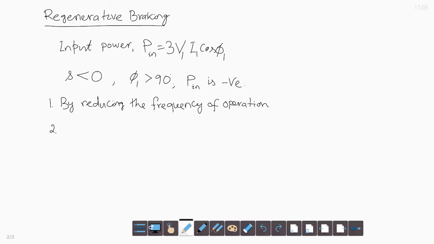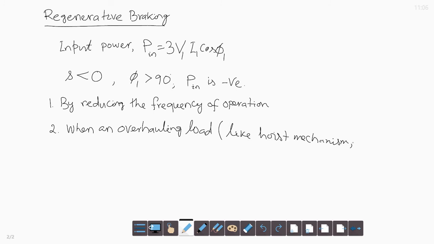Another case is the overhauling load, like a hoist mechanism or crane moving down with load. This overhauling load drives the machine at a speed more than the synchronous speed, and then also regenerative braking is obtained.